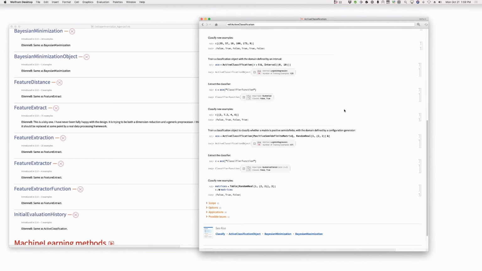Same for Bayesian minimization, but it's a bit of a clunky way. The main way to use it is with a black box function, and it does things all in the background. And now I believe that the actual main way that people do classification is more the step-by-step. Although I'm not sure. Yes.